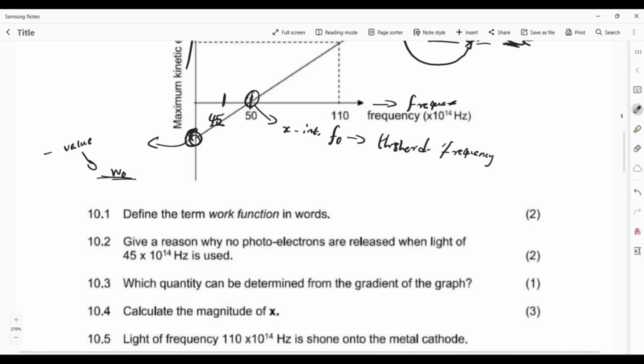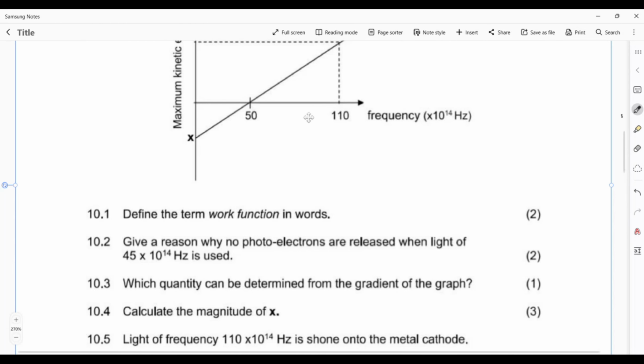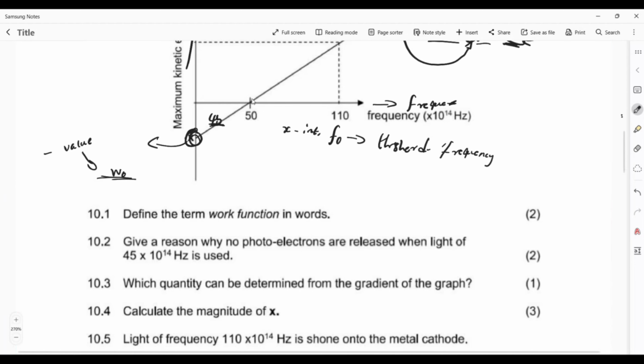This is where the frequency of 45 is. Don't forget that electrons are going to start to be emitted at the threshold frequency.